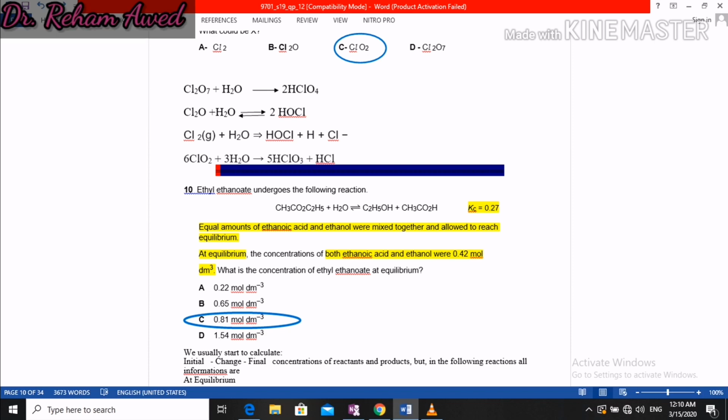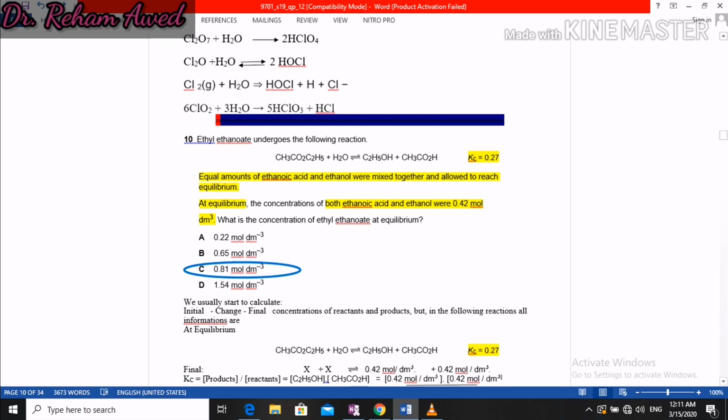But in our reaction we don't have any information about initial and change. We only have information about the equilibrium state. So we will start to calculate using the equilibrium constant related to the equilibrium state.